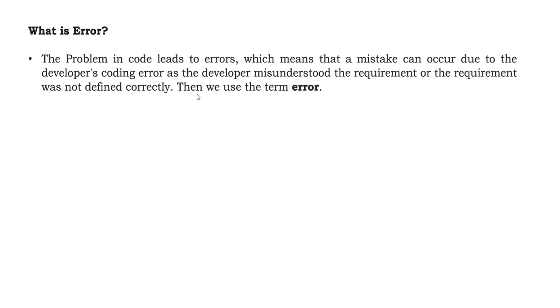Coding is done, but there is some mistake, which leads to the error. Basically, when you are storing something to the database, there is not a proper way of storing it. On the UI it does not show up, but when you see the database, there is a difference. That time you can term it as an error.